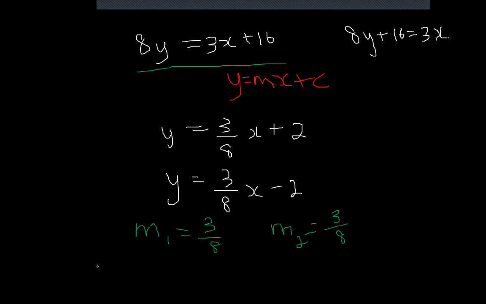What's the statement that we'll put in to show that they are parallel? M1 is equal to M2. Therefore, they are parallel. Everybody got this, right? Yes, miss.